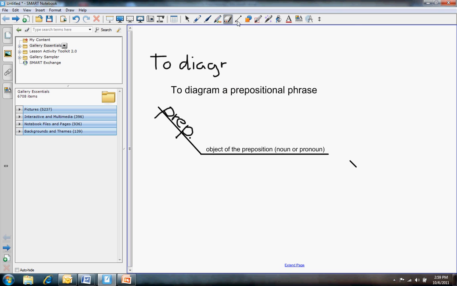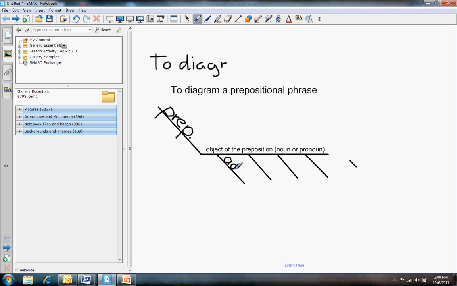If we have any modifiers to our nouns, which would be obviously adjectives, because anything that modifies a noun or a pronoun is an adjective, we would place those on diagonal lines underneath whatever word it modifies. In this case, it would be here. And again, I'm writing sideways.